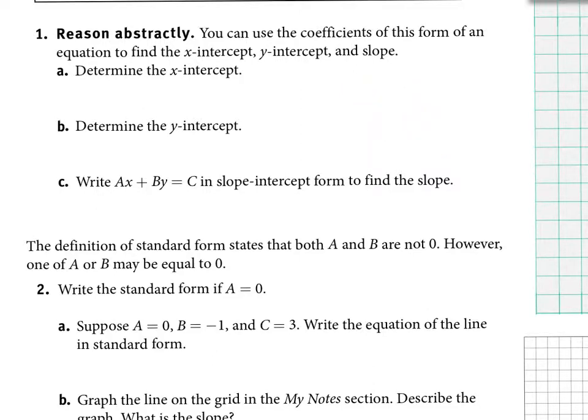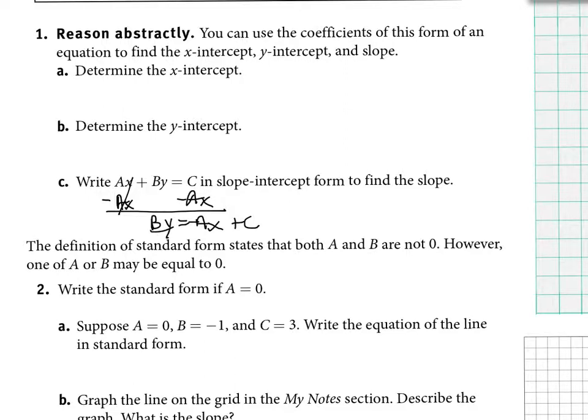And part C says write ax plus by equals c in slope-intercept form. Remember that slope-intercept form is when the y is by itself. So we need to move everything over except for the y. We're going to solve for y. I'm going to subtract the ax. So I'm left with by equals negative ax plus c.